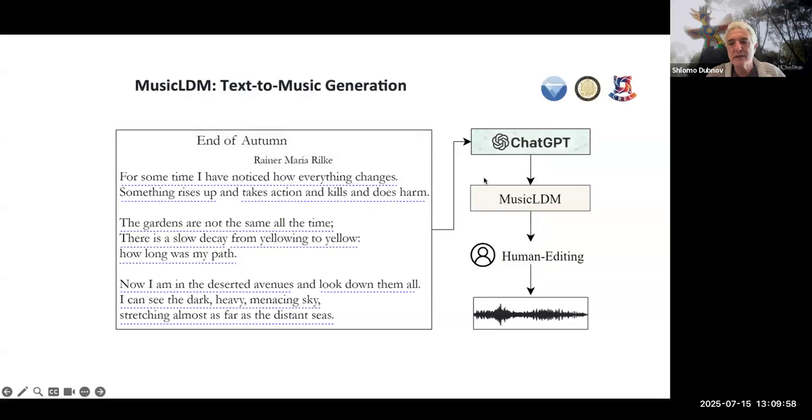So the idea was to ask ChatGPT to give you the musical prompts for these songs. So that was the aspect of trying and rendering a very abstract text metaphorically into music LDM and eventually create the song. A couple more examples in a second.